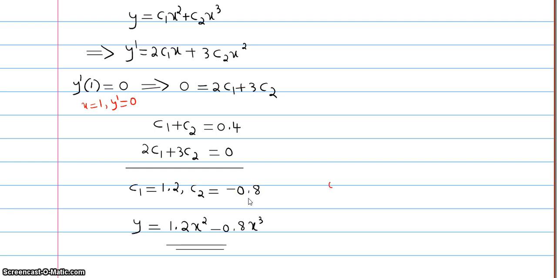Our general solution was y equal to c1 x square plus c2 x cube. So just replace c1 as 1.2 and c2 as minus 0.8. We'll get the solution as: y equal to 1.2 x square minus 0.8 x cube. This is the format of solving an Euler-Cauchy differential equation. Thank you.